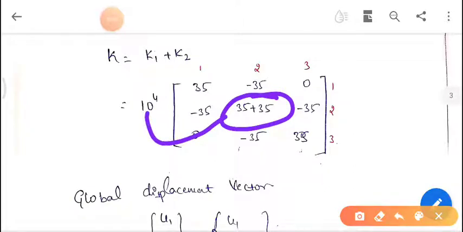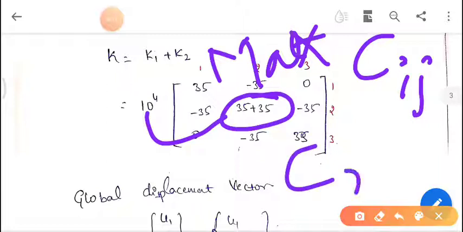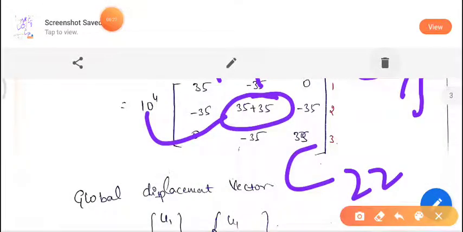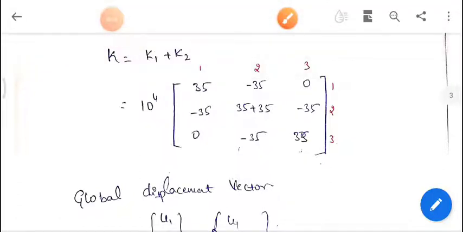That is nothing but maximum of Cij. Cij means ij are nothing but row and column. Here C22, if you write it, is also no problem, because it is second row second column. Clear?